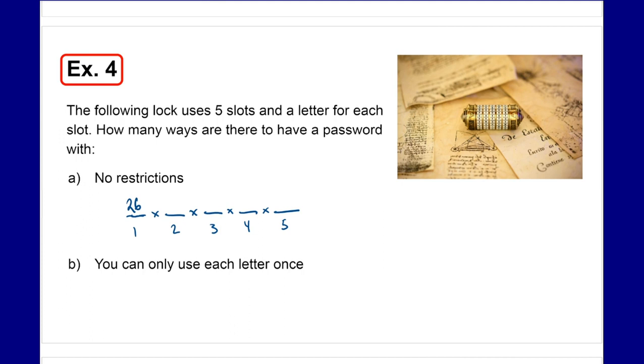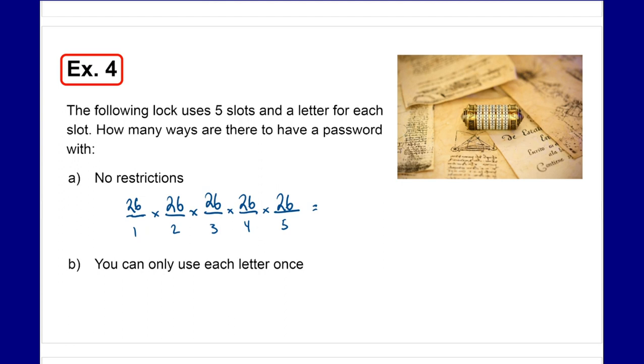But 26 letters. And if there's no restrictions, you can use 26 possible letters for the second, 26 letters for the third, 26 letters for the fourth, 26 letters for the fifth. So if there's no restrictions, I can use the same letters each time. It could be A. Not the best password, but it's a possible option.